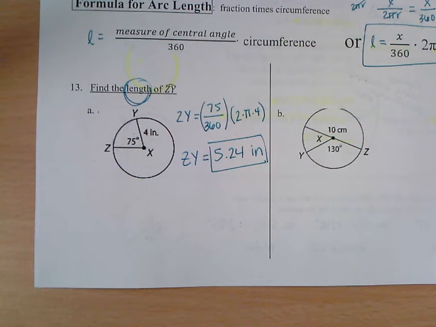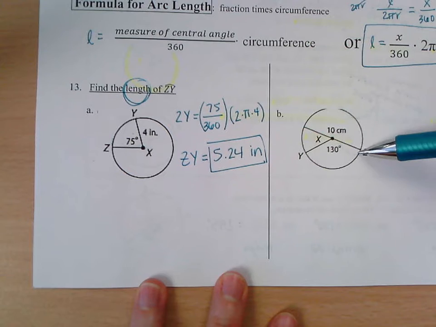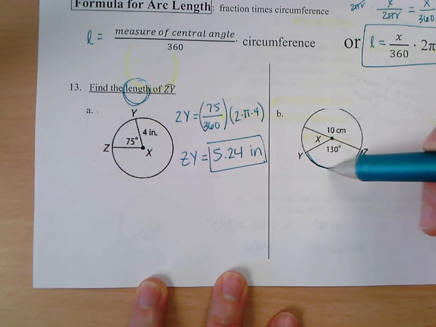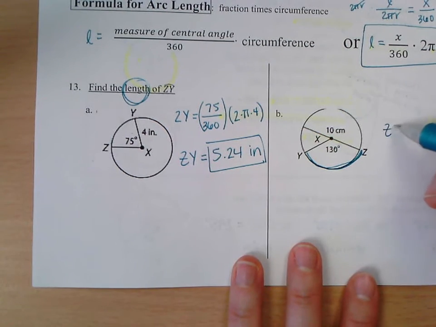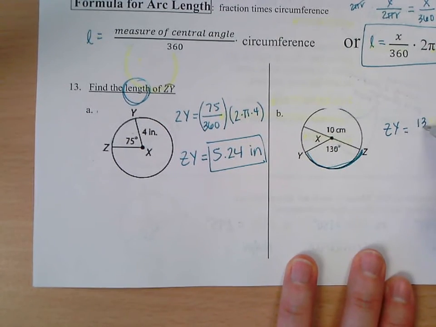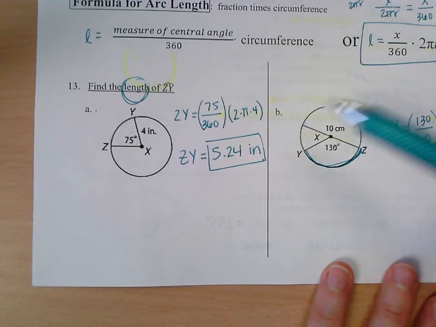Okay, just looking at another one, looking at B. This is still the same directions, finding the length of the minor arc ZY. So I'm finding this length here. I know my central angle is 130. So ZY will equal my central angle 130 out of 360 multiplied by, because I have the diameter given to me, I don't have to do 2 pi r.